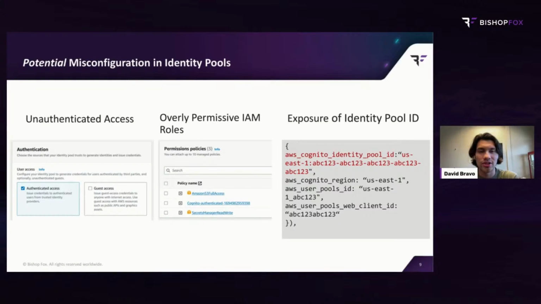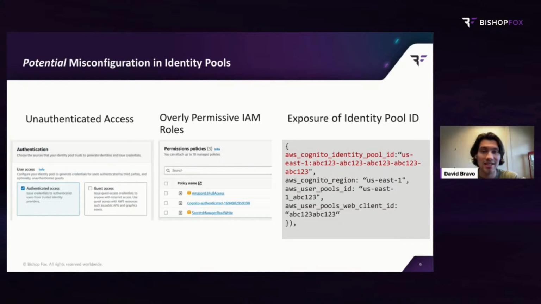Then the exposure of identity pool ID. So this identity pool ID, I wouldn't say it's a big deal. It might have many use cases where it's not an issue, but if possible, ideally, your application is probably better off in the worst case scenarios to keep this value in the back end or on the server side and not necessarily shown to the front end assets.